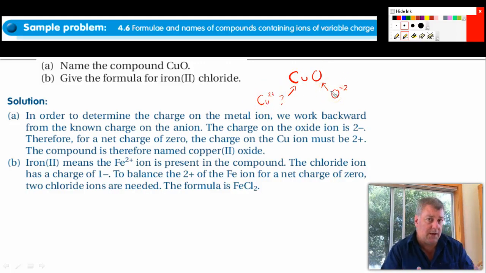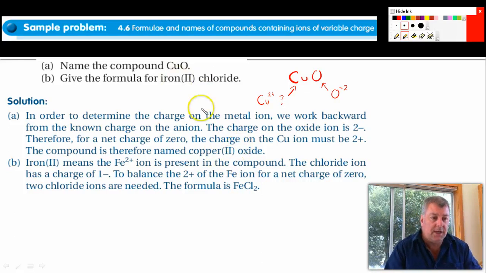This is where your understanding of writing the correct formula comes into play. And so if you understand how you write correct formulas for ionic compounds, either using the crossover method or the imaginary balances, you'll understand where that comes from. So the correct name for it is actually copper Roman numeral 2 oxide. If you miss out that Roman numeral, you haven't answered the question, and therefore you're wrong.